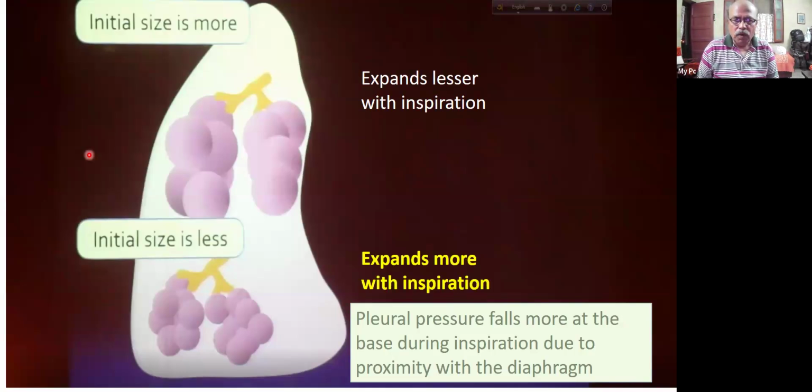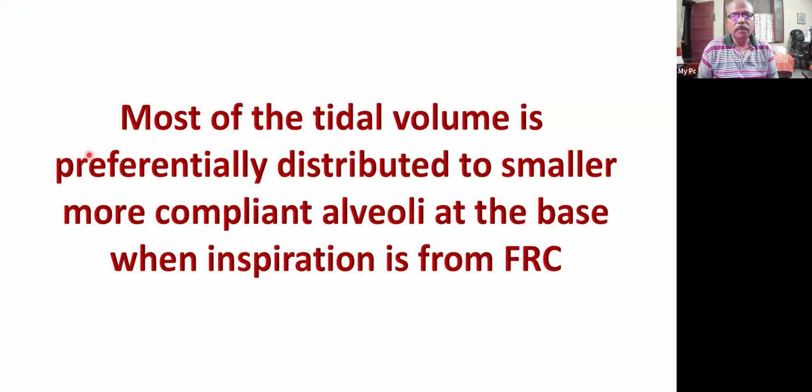So they expand more with inspiration. Most of the tidal volume is preferentially distributed to the smaller and more compliant alveoli at the base when the inspiration is from the functional residual capacity.